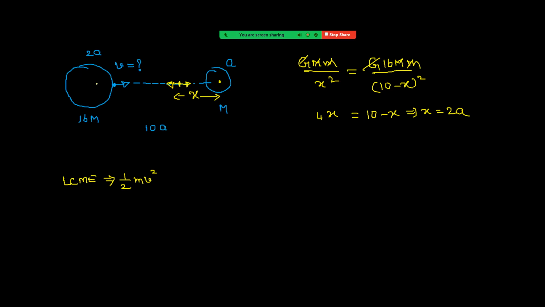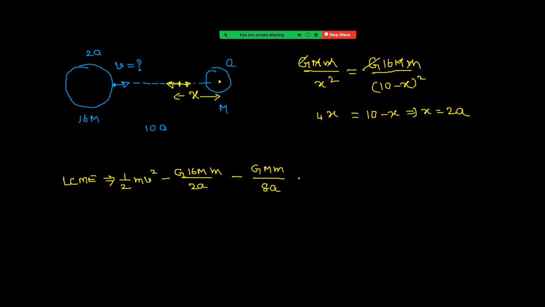Potential energy because of the bigger sphere is minus G 16M m by radius 2A, and because of the smaller sphere, potential energy is minus G M m by distance from center up to here, that is 8A. Because center to center separation is 10A, so up to here it is 8A, because the radius is 2A.